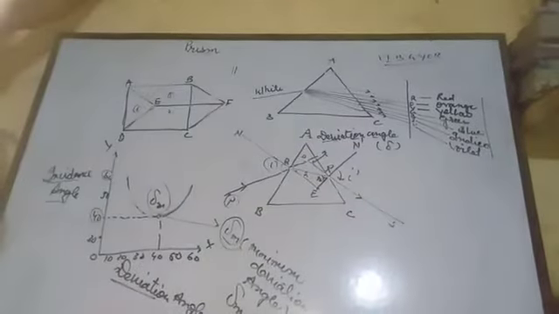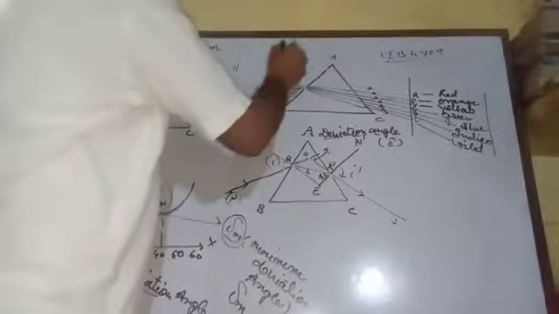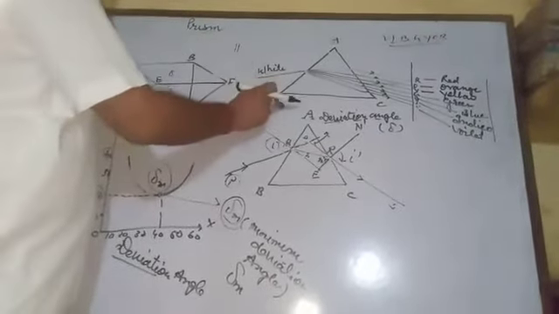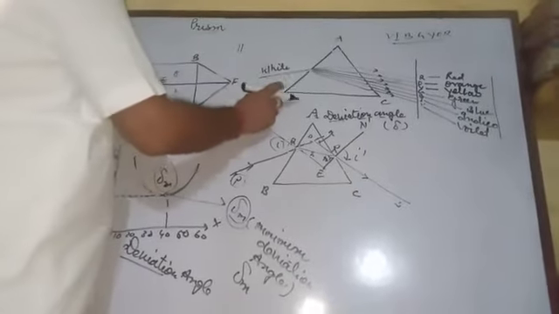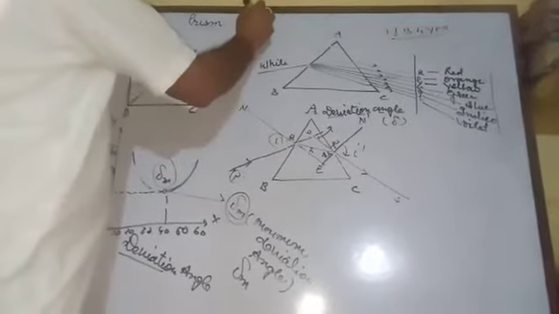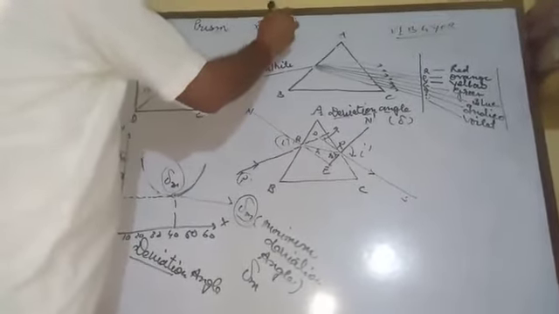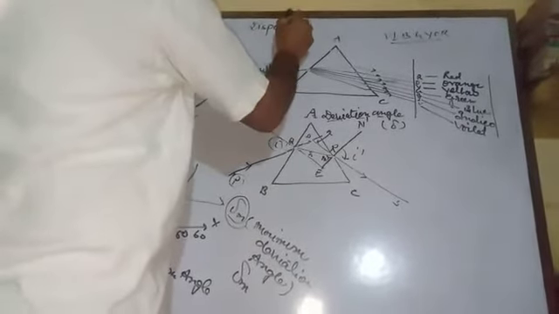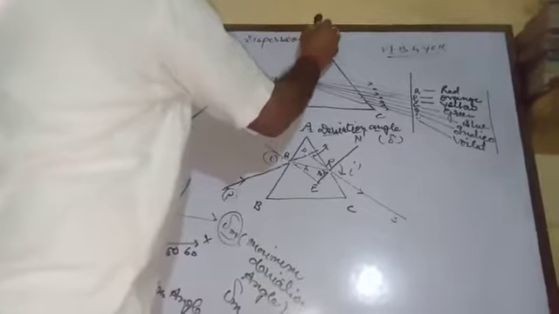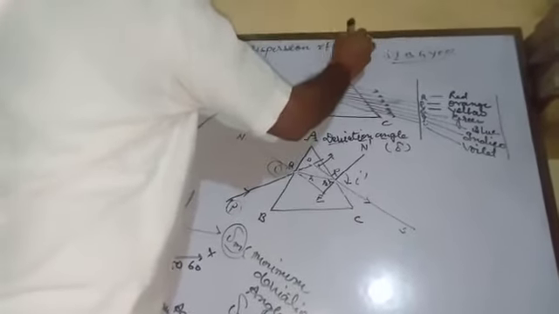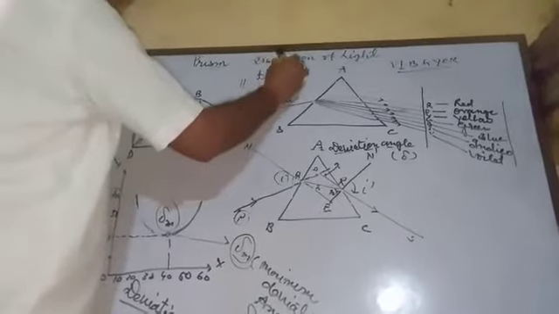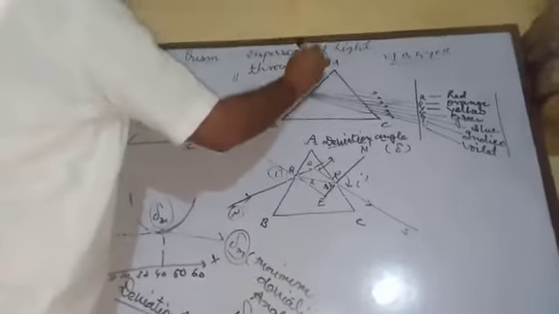And this phenomenon of prism is called dispersion of light through prism.